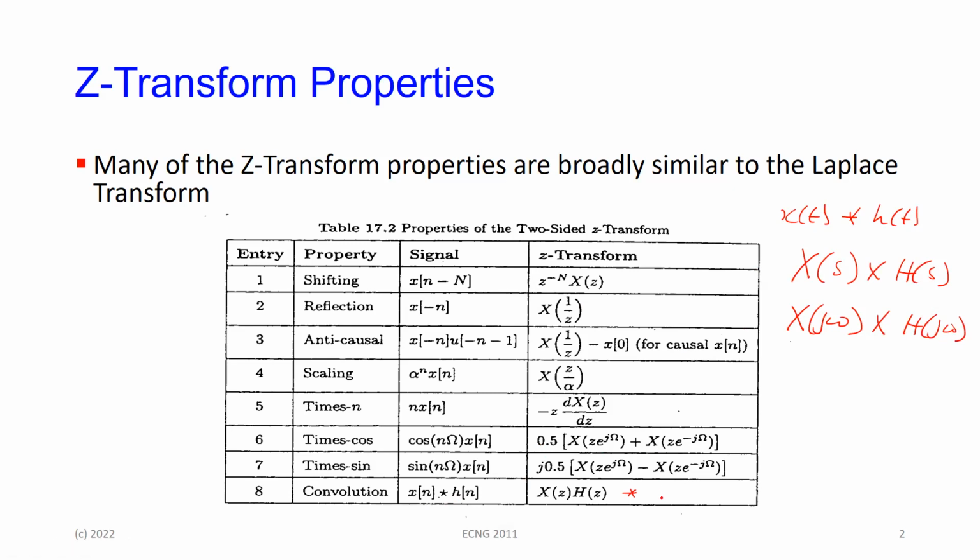The same thing happens in the Z transform: the convolution of two sequences, x[n] and h[n], is the multiplication of the Z transforms of each of them. So the same advantage that we got in the continuous time domain, the Z transform is giving us in the discrete time domain. All right.